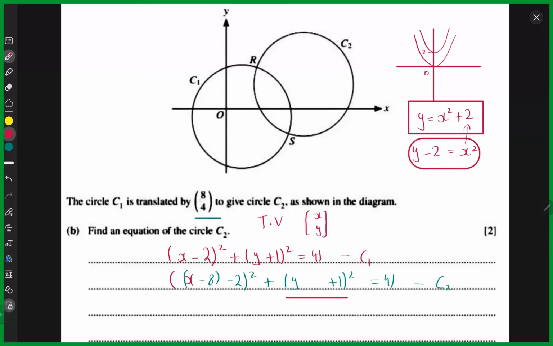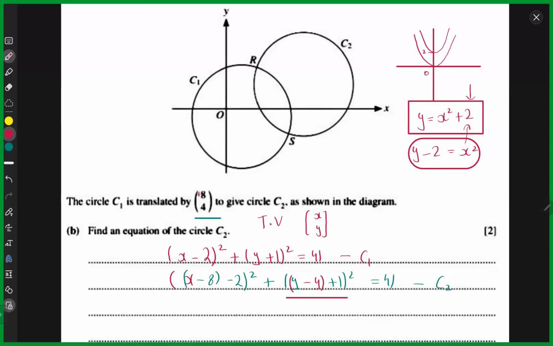Just like when I was moving anything 8 units to the right, I was doing x minus 8. Similarly, when I'm moving anything 4 units above, if I'm writing it on the right side of the equation, I would write down positive 4. But if I need to show that change with y, I will write it down as minus 4.